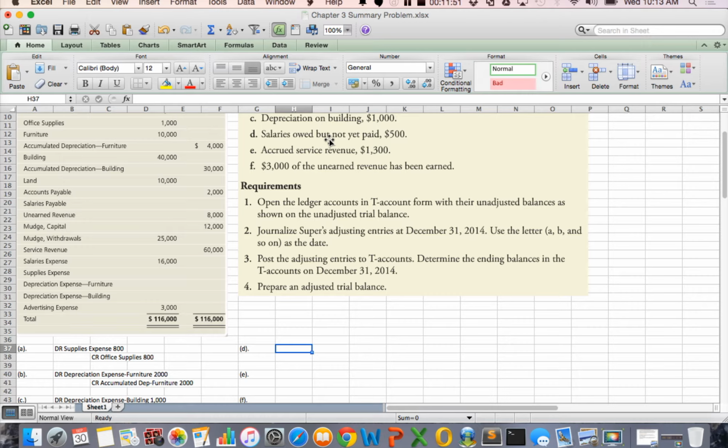But the format is going to be recognizing the expense as soon as I incur it. So I've incurred that expense, and I need some type of expense account related to salaries. I see right here that I have one called salaries expense.